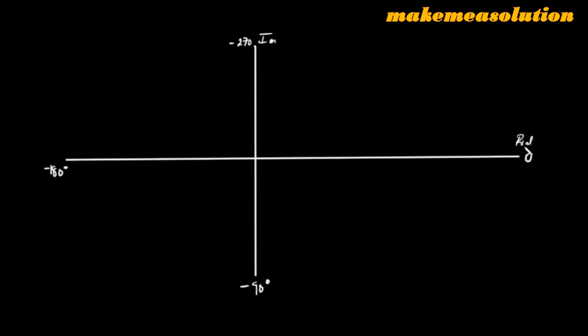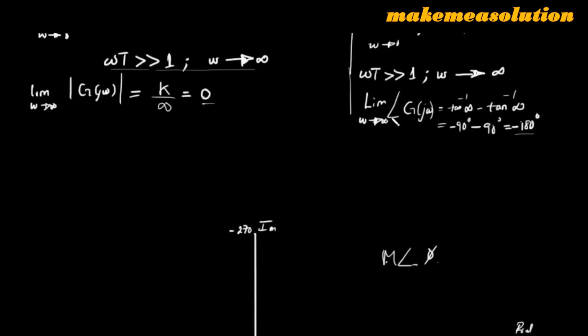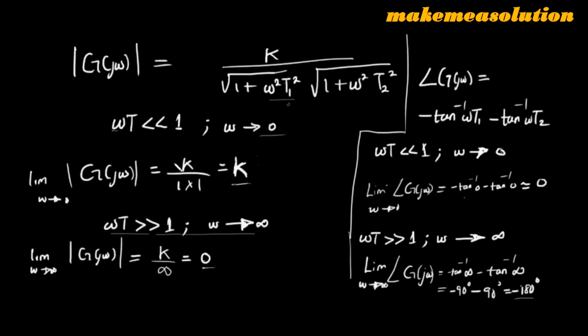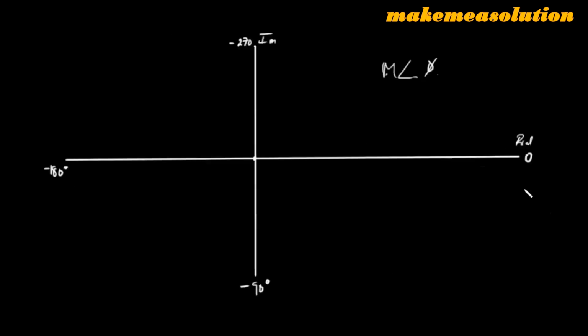Now when you're drawing contours, remember you draw the contours as magnitude versus phase. Okay, for every magnitude there is an associated phase. Now let's check the first magnitude. That's the first magnitude when our frequency is 0 or approaching 0. That magnitude is k, but the phase is 0 degrees. So all we just need to do is to stretch from here to here, k. And since the phase is 0 degrees, there is no elevation or depression.